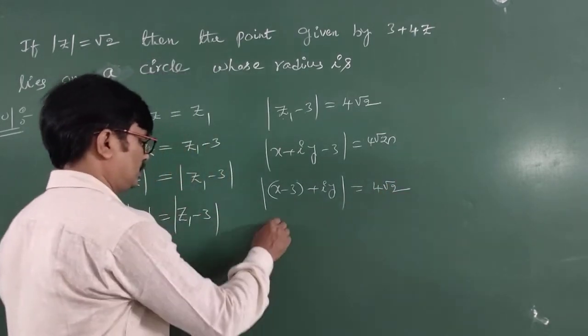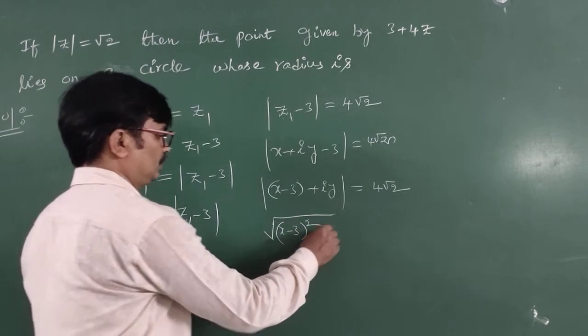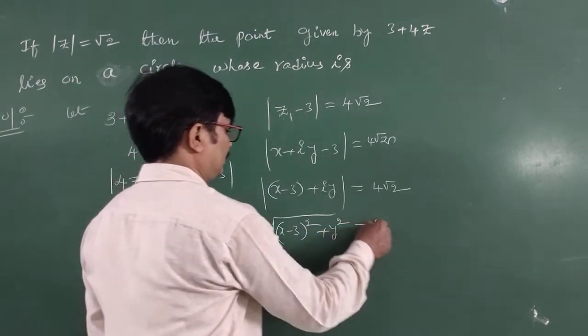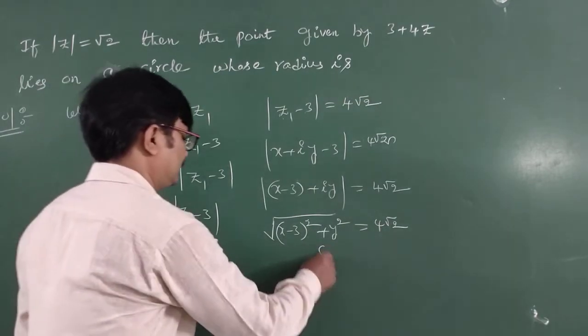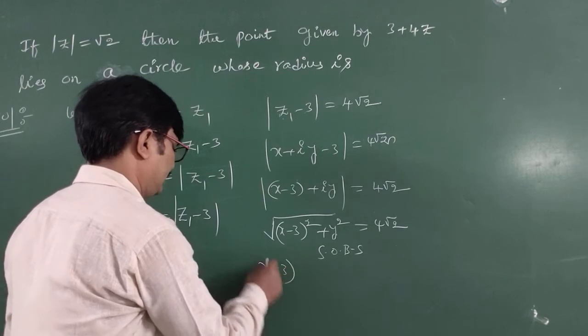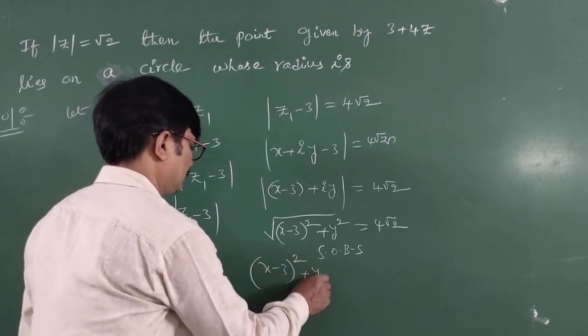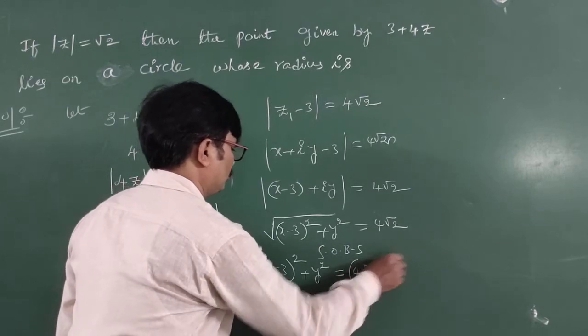So students, the modulus is x minus 3 whole square plus y square. Now squaring on both sides, this is, students, x minus 3 whole square plus y square equal to 4 root 2 whole square.